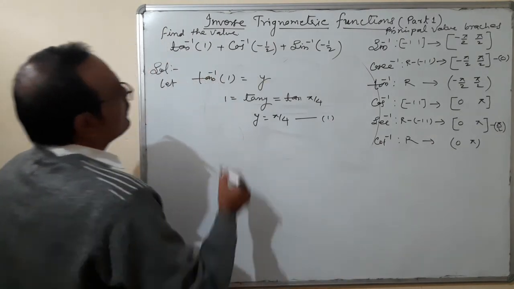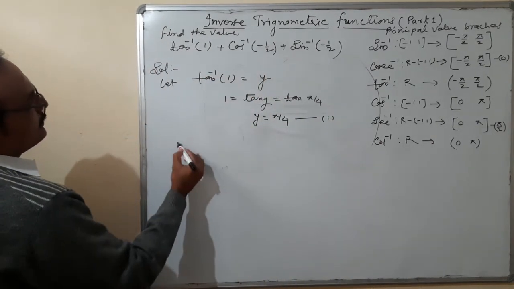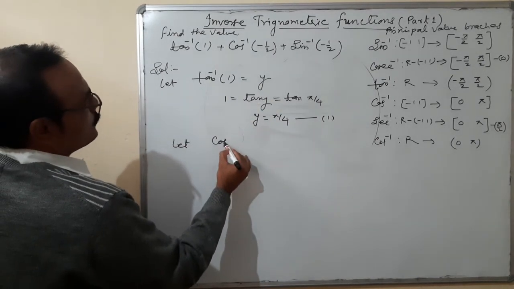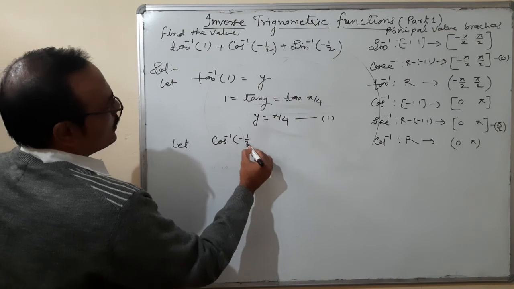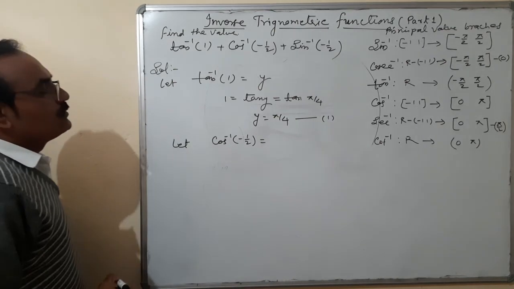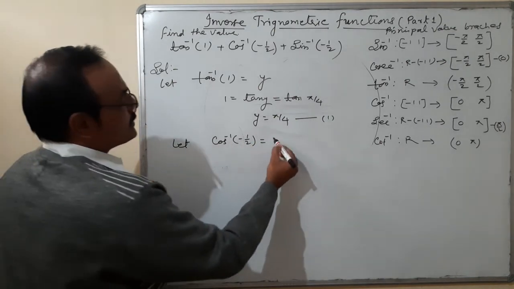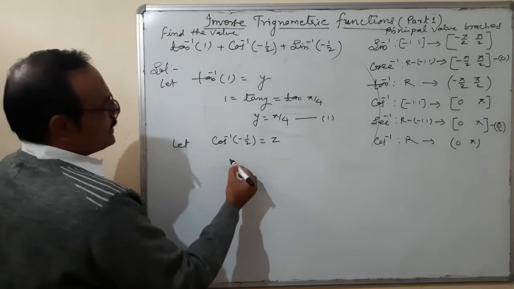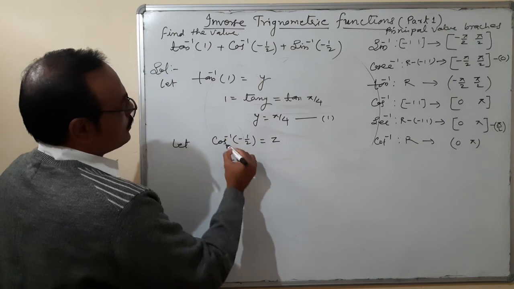Number 1. Second, let cos inverse minus 1 by 2 is equal to, suppose it is z. Okay. Any letter we can consider. Minus 1 by 2 is equal to cos z.